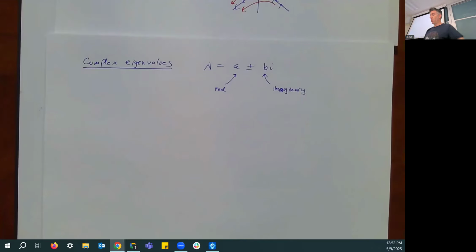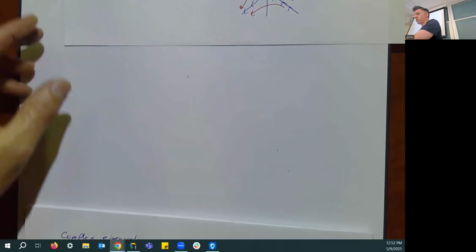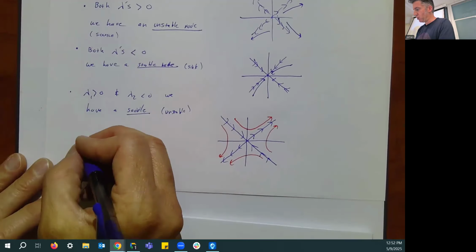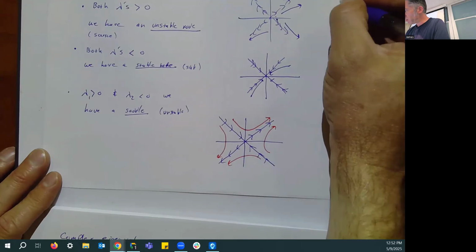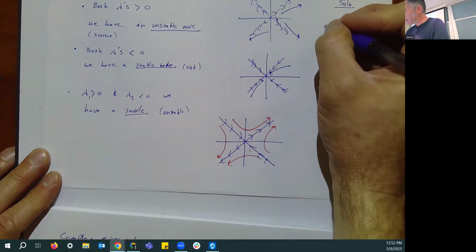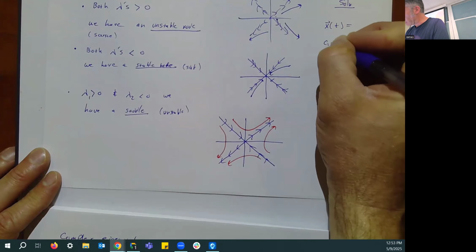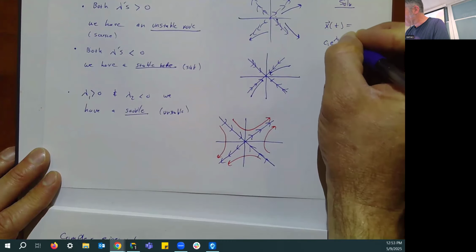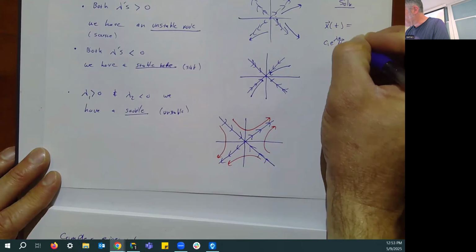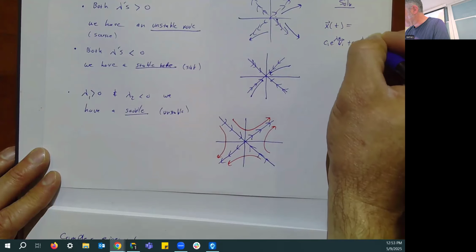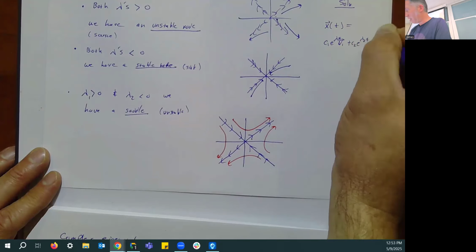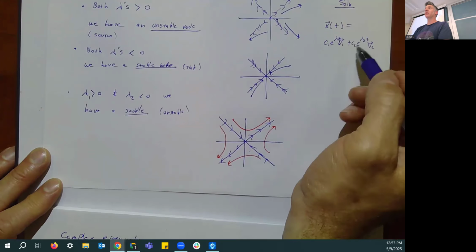Because again, just like here, we're thinking of our solution as x of t equal to c1 e to the lambda 1 t times v1 plus c2 e to the lambda 2 t times v2.